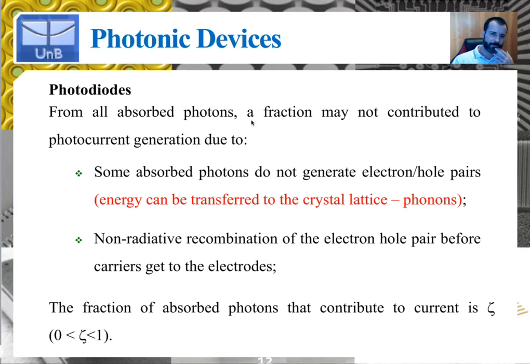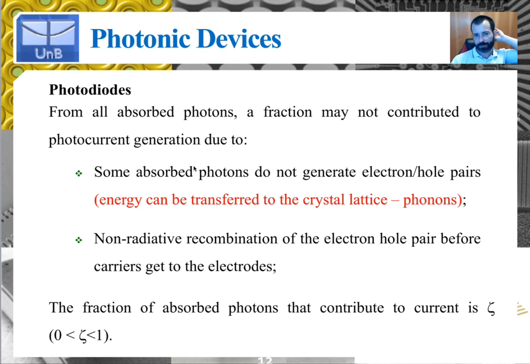But also from all of the absorbed photons, a fraction of them may not contribute to photocurrent generation due to different factors, right? So some of the photons which are actually absorbed, the energy of these photons, rather than being used to generate electron hole pairs, can be used for some other purpose.